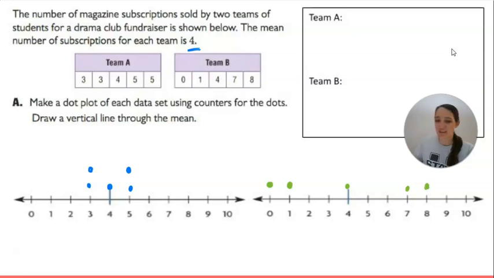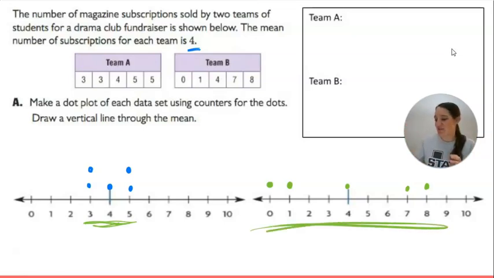So just by looking at this dot plot, we can say that these guys deviated less from the mean than these guys. We can see that 4 is your mean. And just looking at it, we know that this mean absolute deviation is going to be smaller than this one because there's less variation, less of a spread. But we're going to find out what that number is.